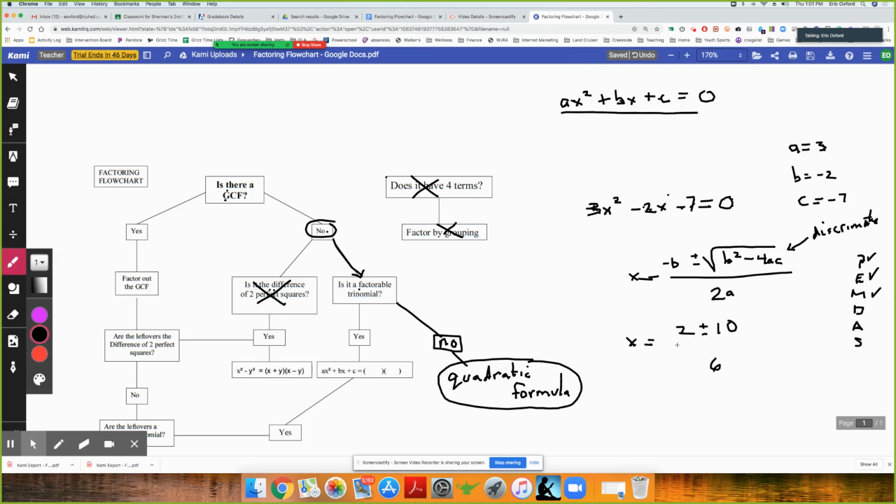So now what I've got is 2 plus or minus 10 divided by 6. And what I notice is that 2, 10, and 6 are all divisible by 2. So I am going to simplify and use division here.